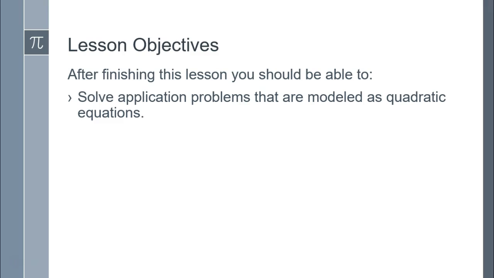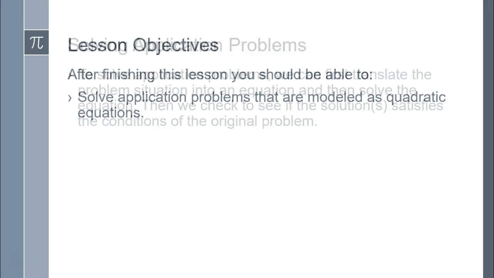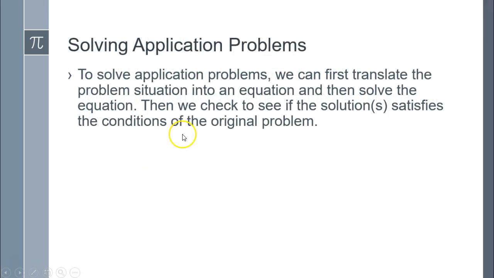You need all those solving equation skills to end up getting an answer to the problem, but creating the model is a step that has to be done first. So we have to translate the problem situation into an equation, and then we solve the equation. Then we have to go back and check to see if the solution makes sense or satisfies the conditions of the original problem.